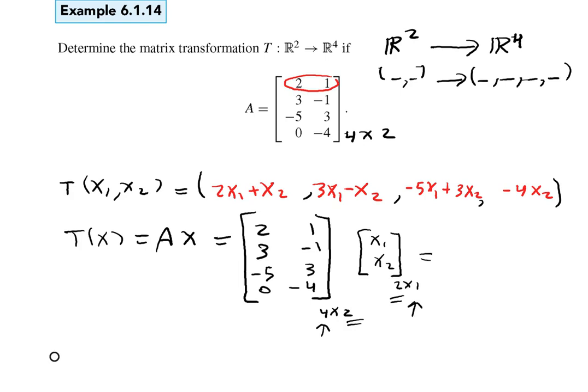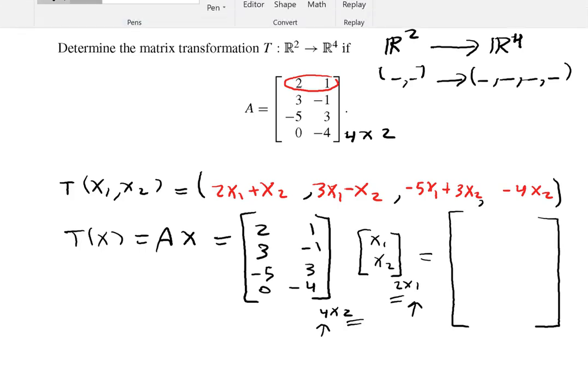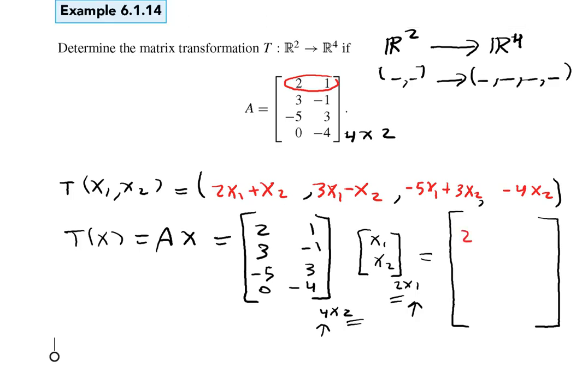So let's make a 4 by 1. Now pay attention to the first row. The first row will be 2x1 plus x2, just by multiplying row 1 times column 1. Yeah, but if you notice, this is the same thing as this.